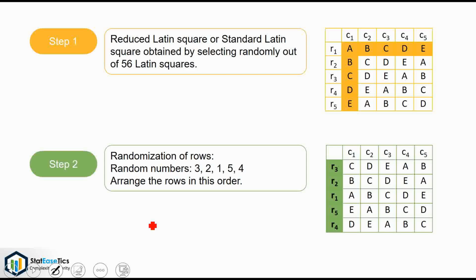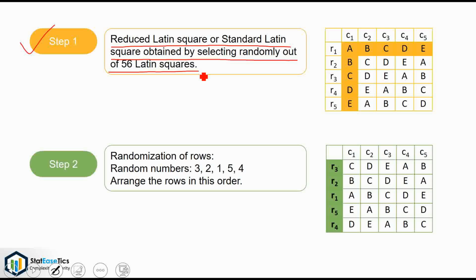Let's see it in a stepwise manner. The first step is to obtain a reduced Latin square or standard Latin square by selecting randomly out of 56 Latin squares.